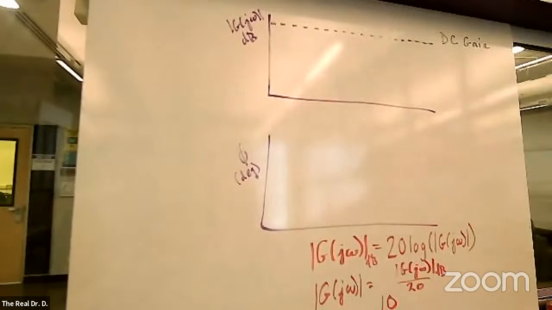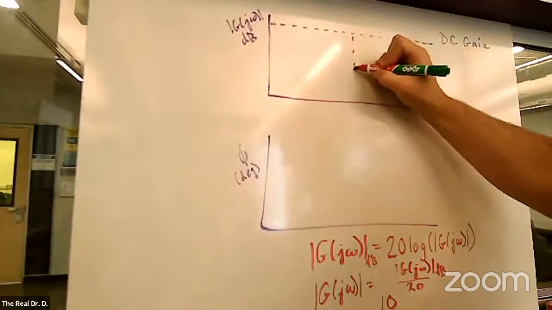So second rule, we have a high frequency asymptote that degrades by 20 decibels per decade, right? So it's a negative 20 decibel per decade high frequency asymptote. Where does that start? Well, it starts at the corner frequency, omega C, which is not to be confused with the cutoff frequency, omega B. Now the corner frequency for a first order system, for our sake, let's say it's right here.